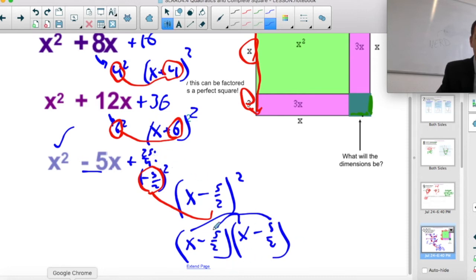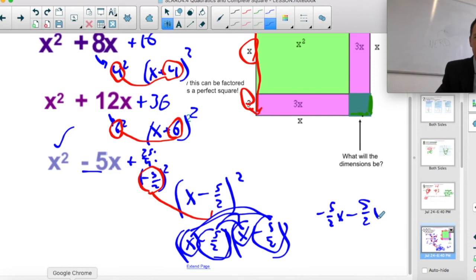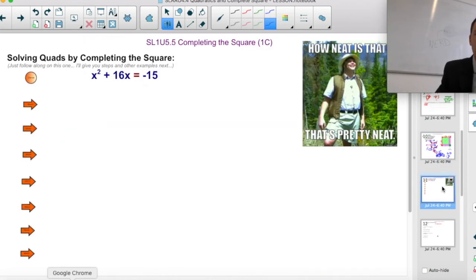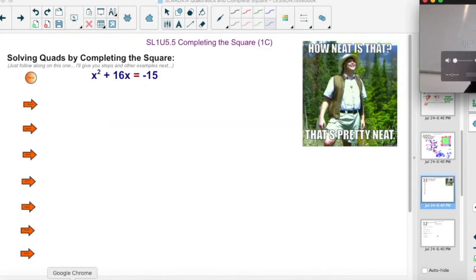And when you multiply this times the x, you get -5/2 x and minus another one, so minus 5/2 x. That is negative 5/2 minus 5/2, which is negative 10 halves x, and negative 10 halves is negative 5x, which is that middle term that we wanted. Don't be scared of fractions. Okay, if that's a little bit of a blur, that's okay.